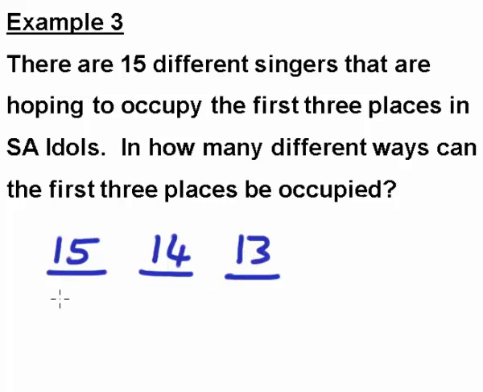So you might have here James got first place, so now we're down to 14 people. Bill came second, now we exclude those 2 people and we're down to 13, and Colin came third, and of course the others then didn't feature. But we don't know who won, who came second, who came third. There's 15 possibilities there, because they want to know in how many different ways can the first 3 places be occupied.